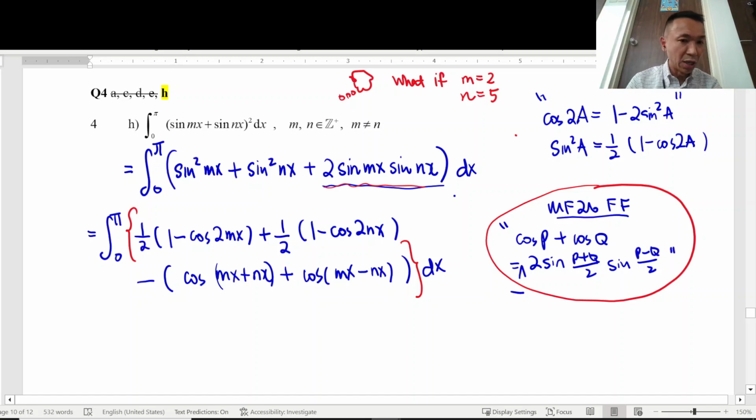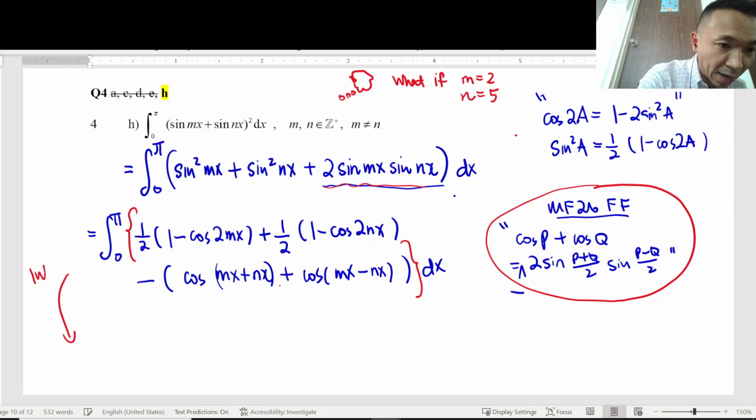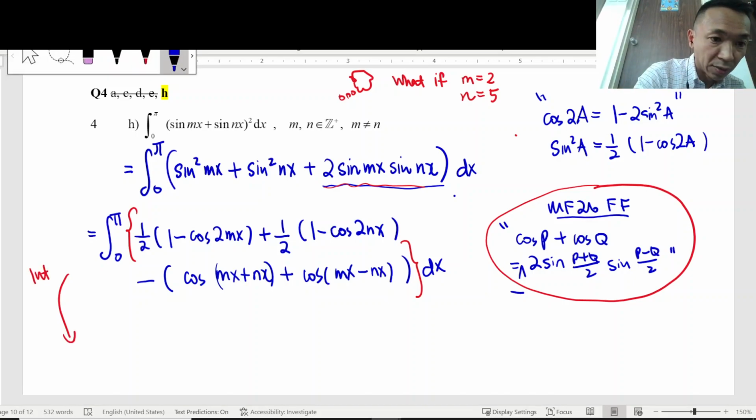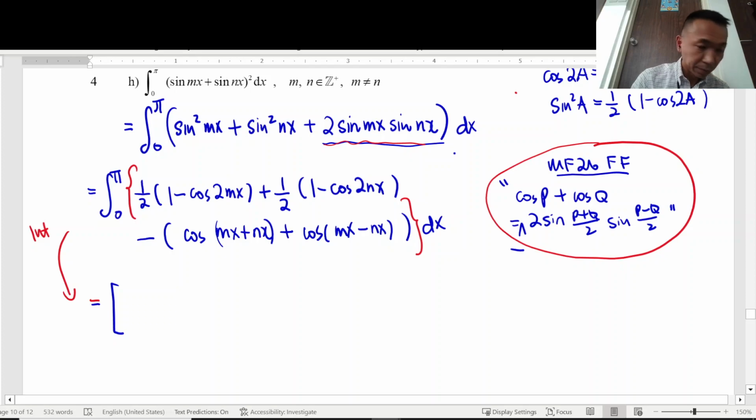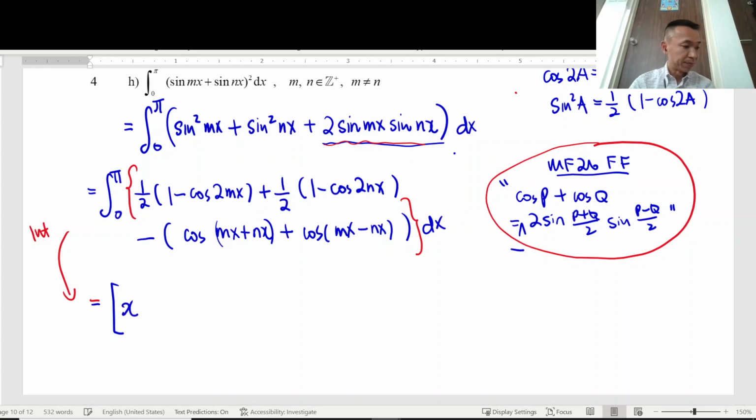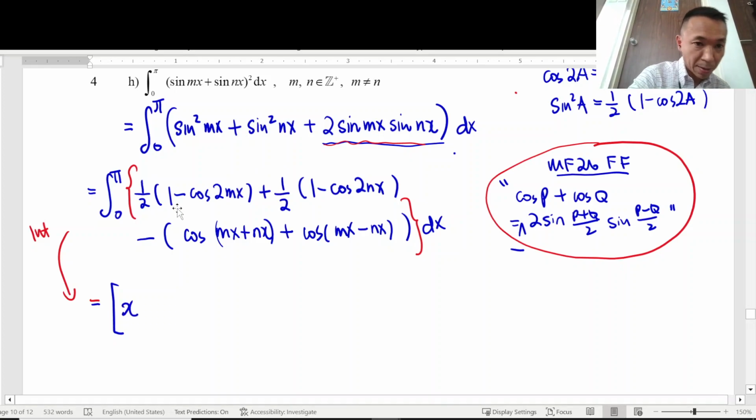It's not difficult to integrate. Why? Because if again m is 2, do I know how to integrate? I know. So here to here is integration already. So let's do this integration. There's a half here, there's a half here. Combine to 1. Integrate 1, you get x. No problem. Integrate cosine, you get sine. Correct?